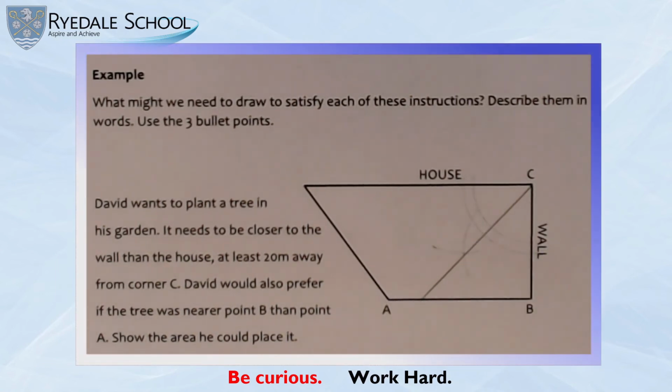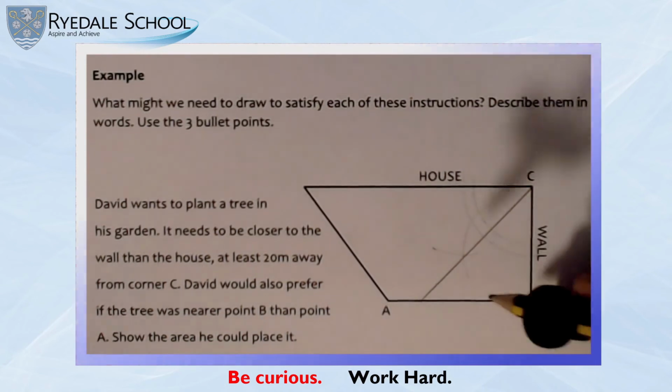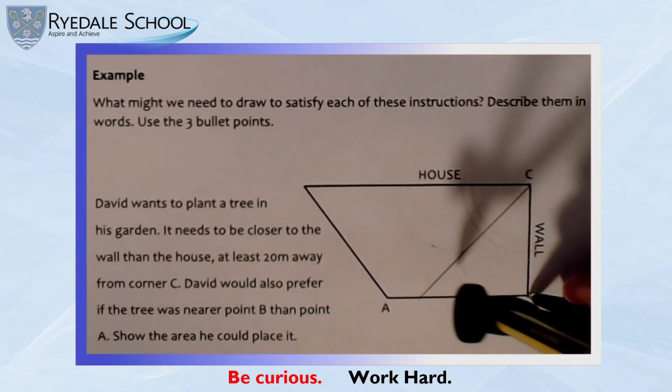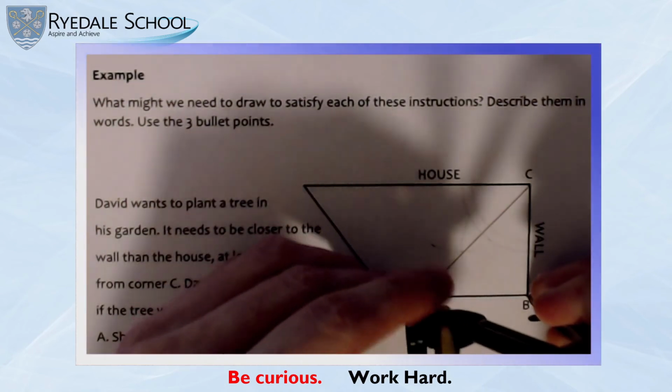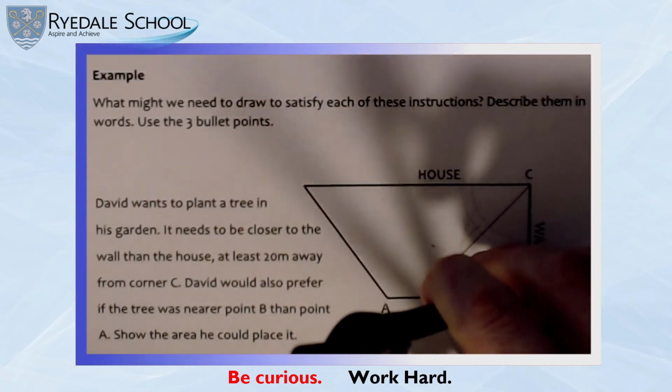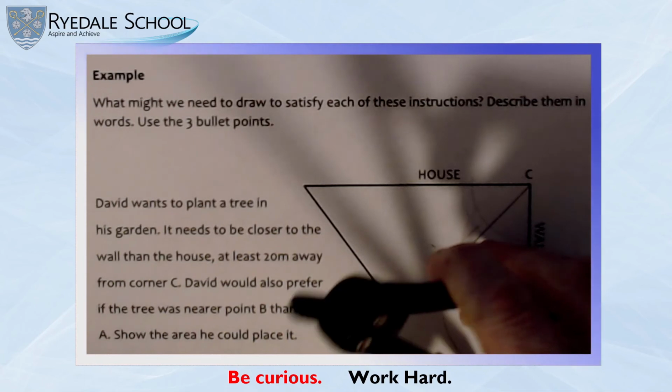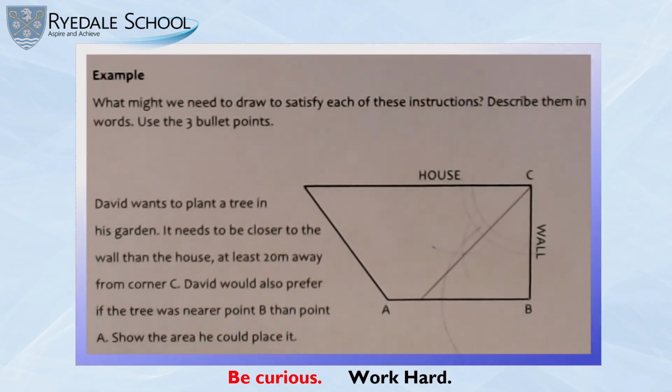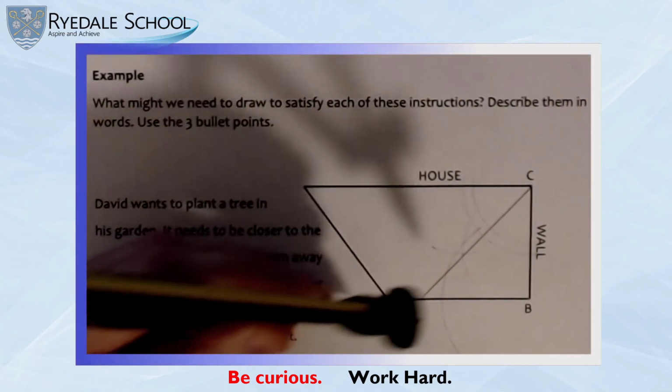So remember, for a line bisector, we're just opening up our compasses to a little bit more than half. Okay, and it's an arc above and below the line. If you can't see where mine crosses below the line, I will move it up in a moment so we can see.